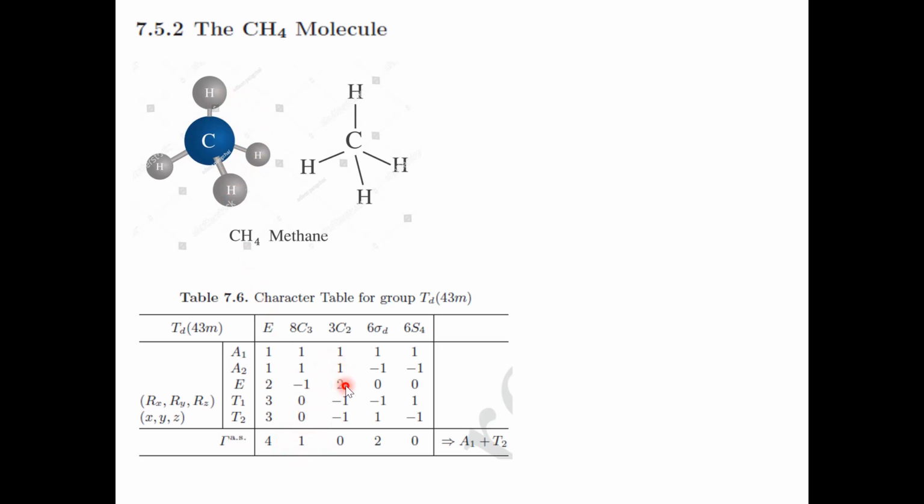For C2, all atoms move, and for sigma d, this is one of these planes, for instance, 2 atoms are invariant, and for S4, all atoms move. So these are the characters of the equivalence representation, the atom-site representation, and you can decompose them. This is the result. It decomposes into A1, totally symmetric, and T2. The T2 representation is a 3-dimensional representation, and you can see the basis set for T2 is the vector, the components of the vector x, y, z right here.